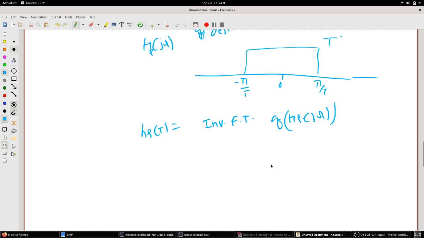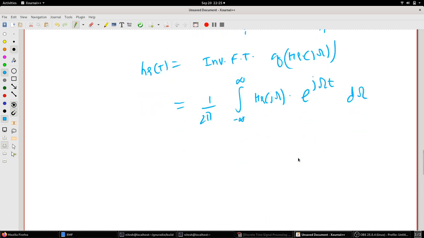So now if I take the inverse Fourier transform, which is the continuous time Fourier transform, it is 1 by 2π, integral from minus infinity to infinity, H_r(jω) times e^{jωt} dω. Now I know the frequency response H_r(jω) exists from minus π/T to π/T and is T, so it is T times e^{jωt} dω.